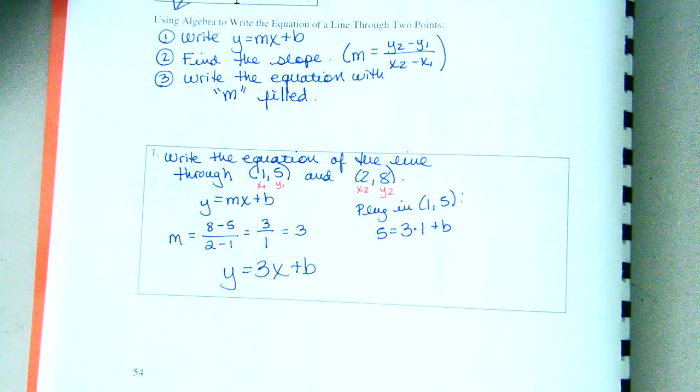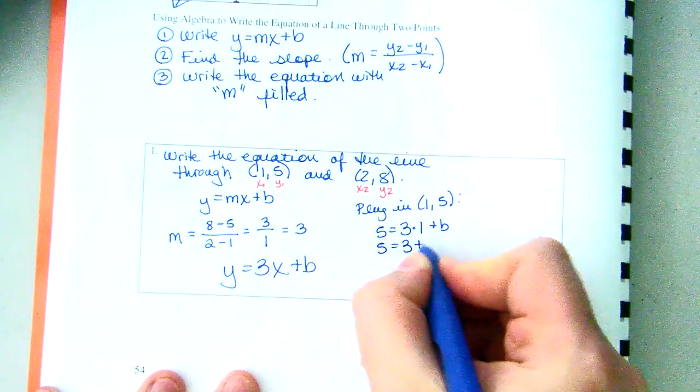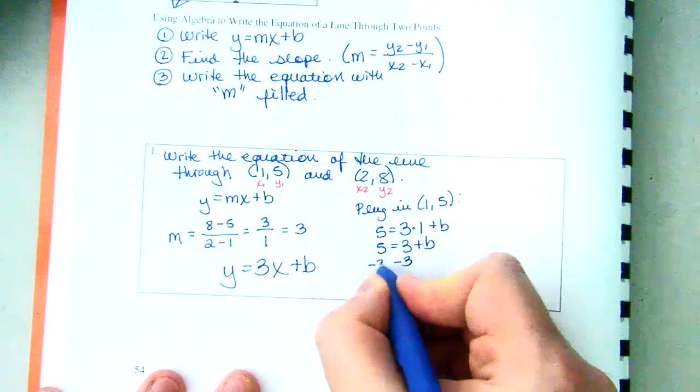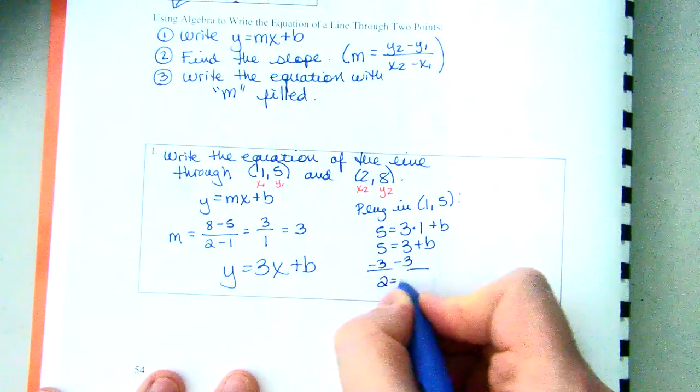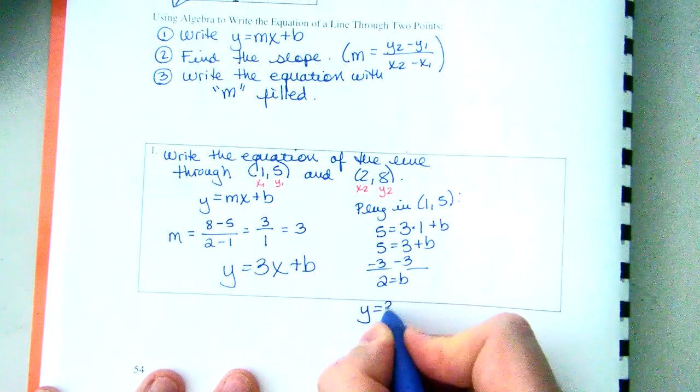So b is 2. Yeah. 5 equals 3 plus b. Minus 3, minus 3. b equals 2. Which means my equation should be y equals 3x plus 2.